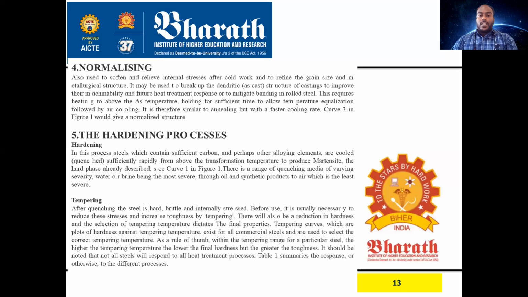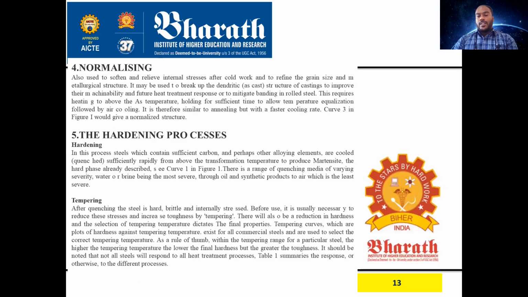This requires heating to above a certain temperature, holding for sufficient time to allow temperature equalization, followed by air cooling. It is therefore similar to annealing but with a faster cooling rate. Curve 3 in figure 1 would be the normalized structure.